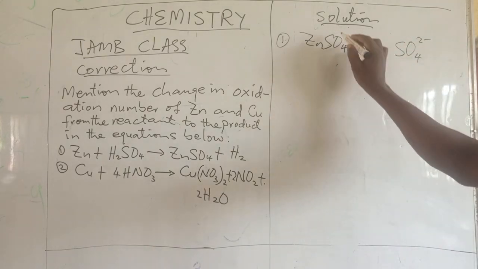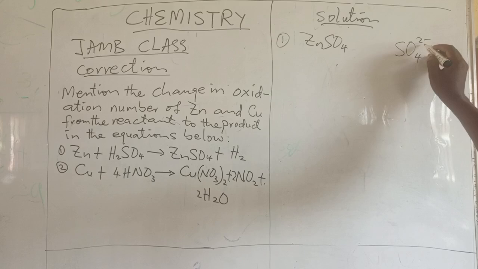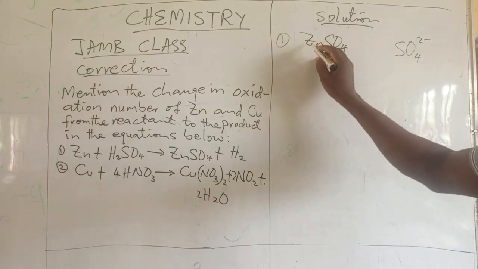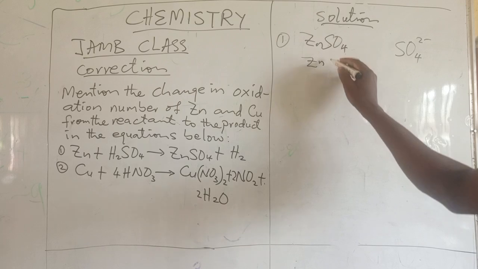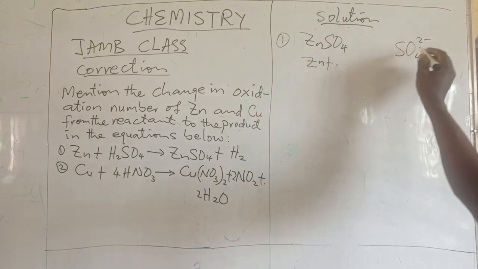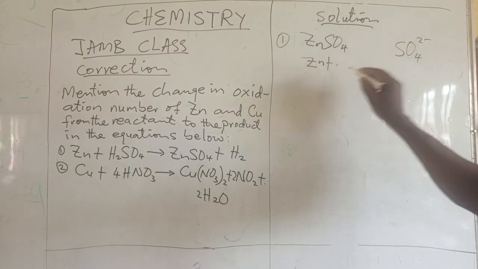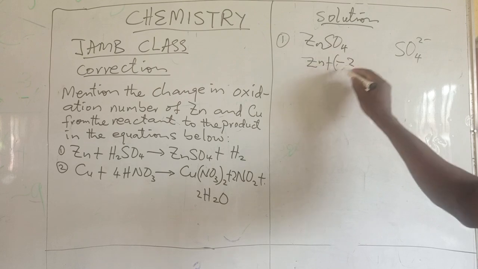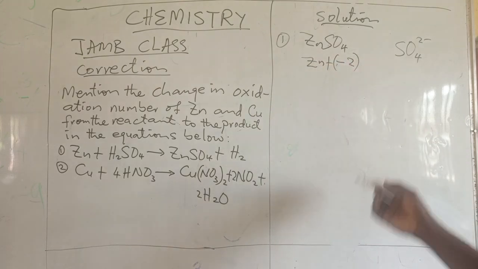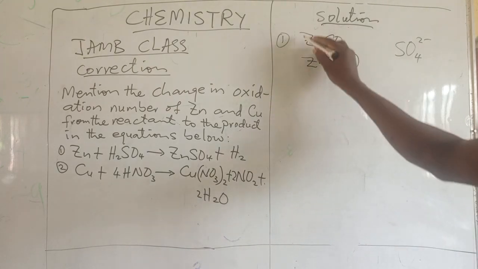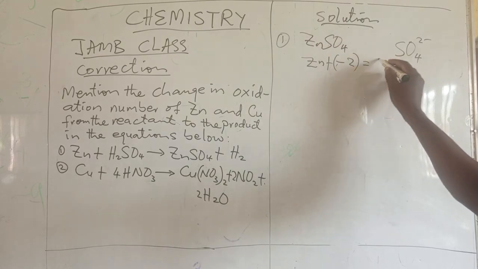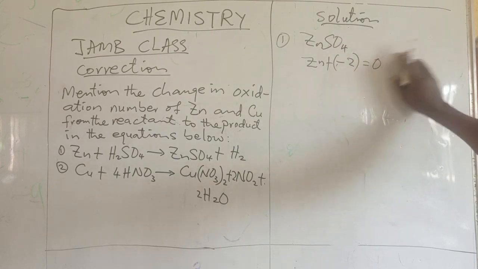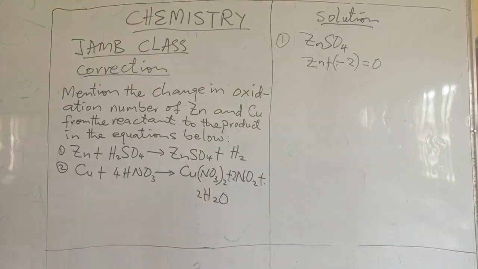So where you have it here, you bring the -2. Since you are looking for that of zinc, you don't know that of zinc plus what? That of SO4, which is -2. Separate the plus and minus. It has no charge on it, plus or minus, nothing. So equate it to 0.